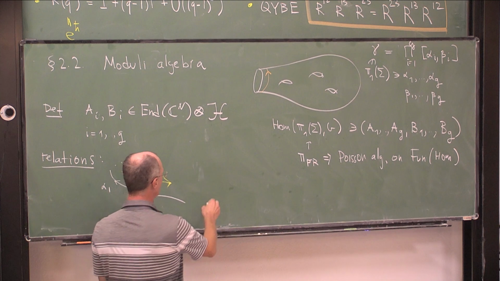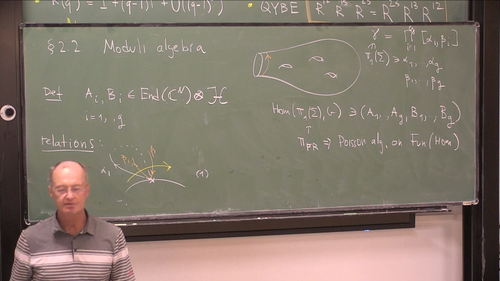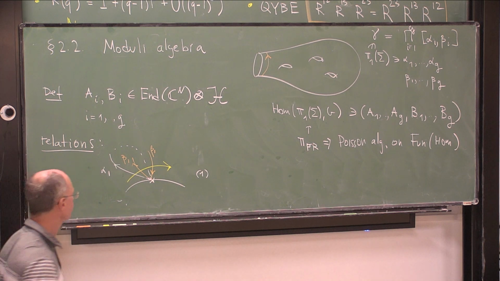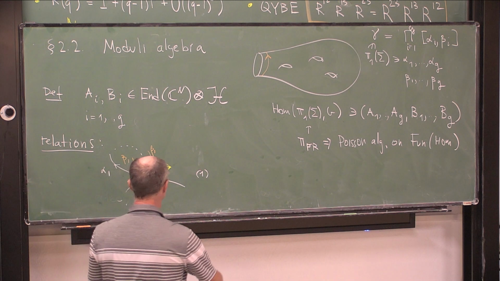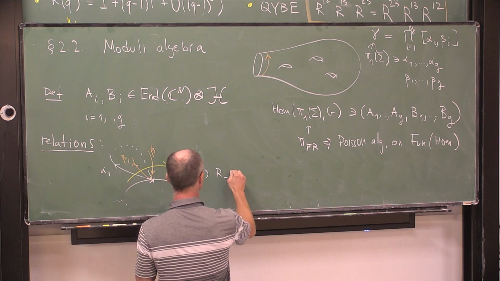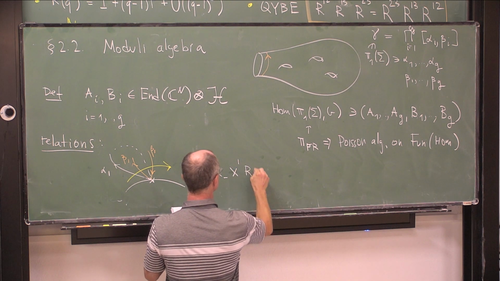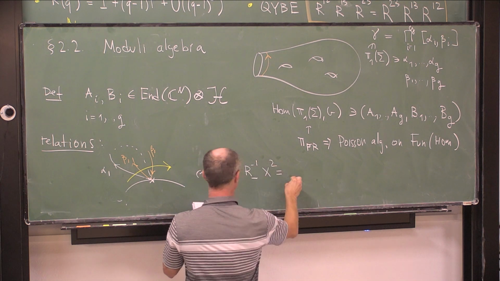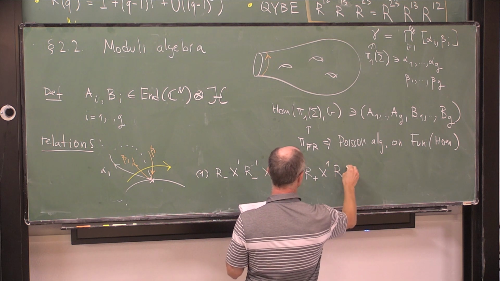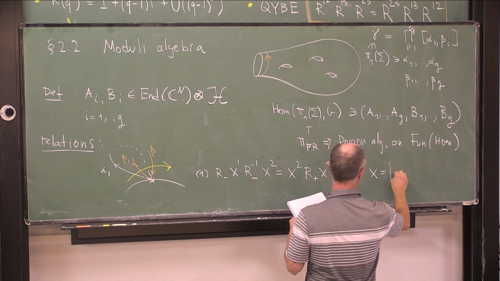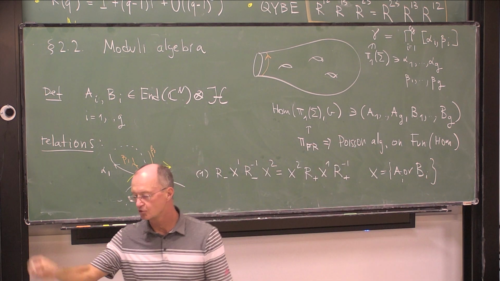Okay, so now relations. There will be three types. First of all, that's the reflection equation for any of those. So X is any of those.